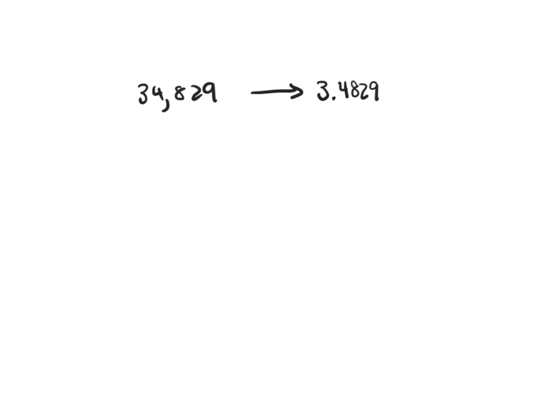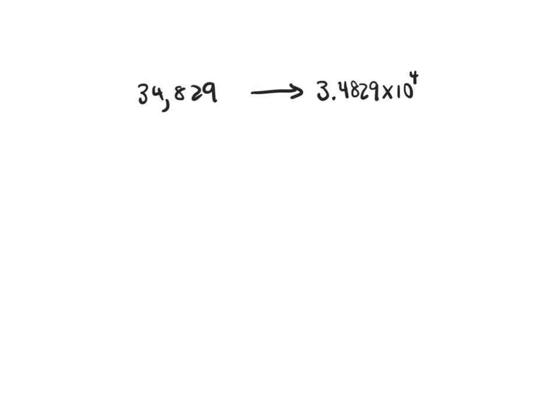Then I ask myself, how many places would I need to move the decimal in order to get back to the original number? I have to move this decimal 4 places, and so that makes this times 10 to the 4th.